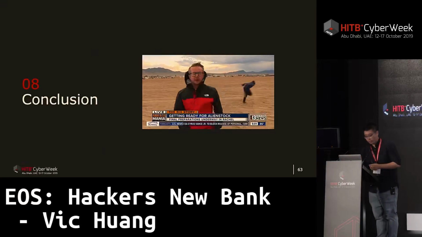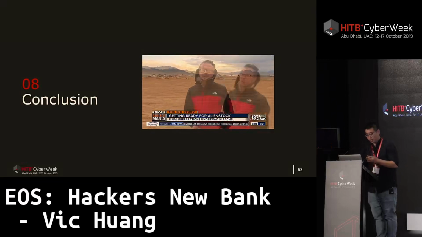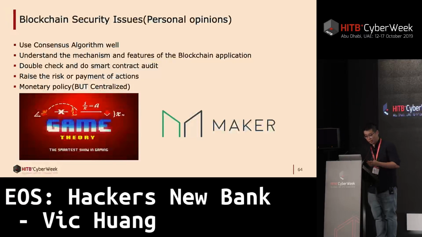So maybe I have no time, but yes, there is a lot of content, and I'll just share my personal opinions about blockchain security issues. The first thing is you have to use the consensus algorithm well.